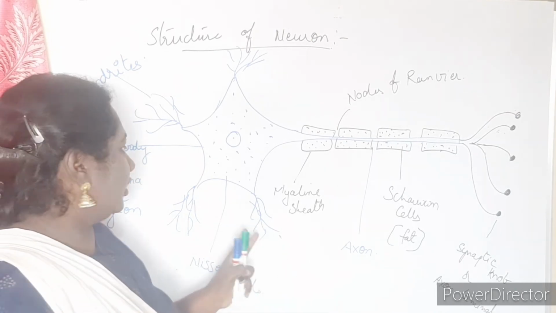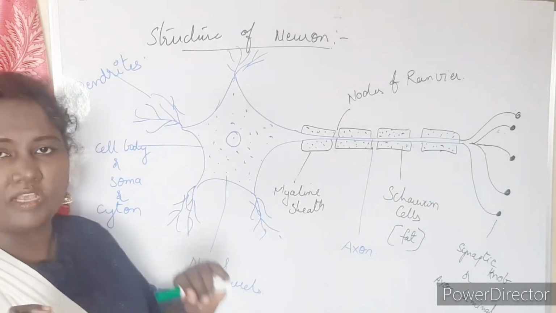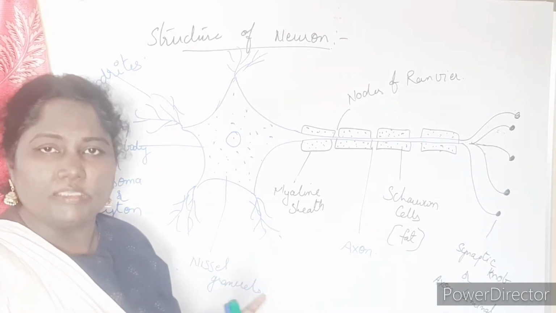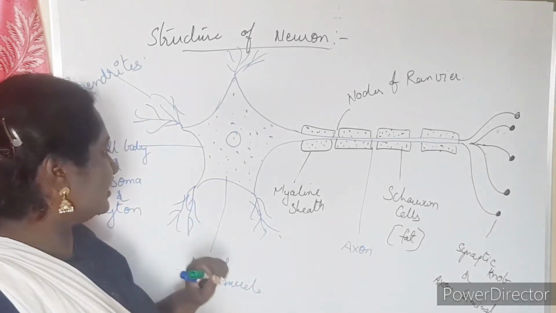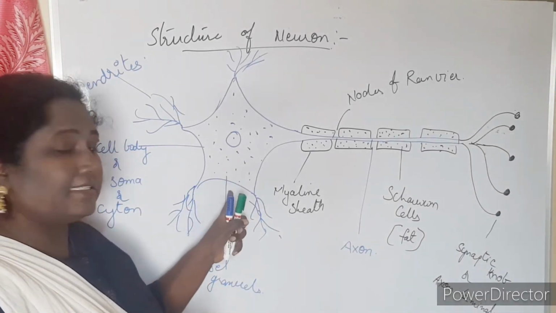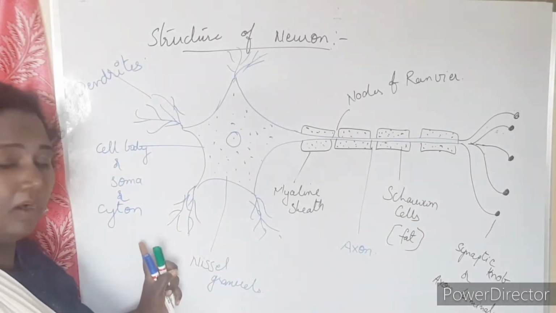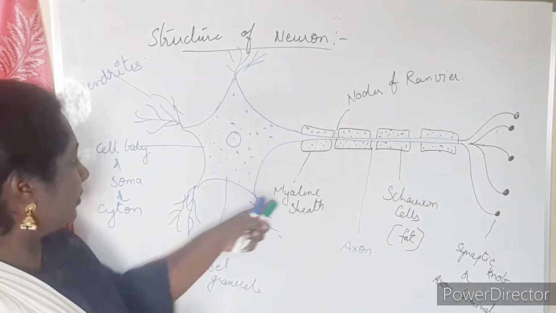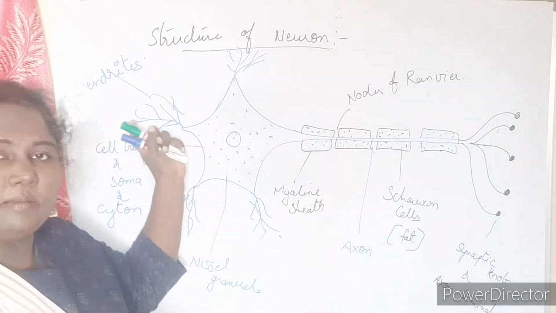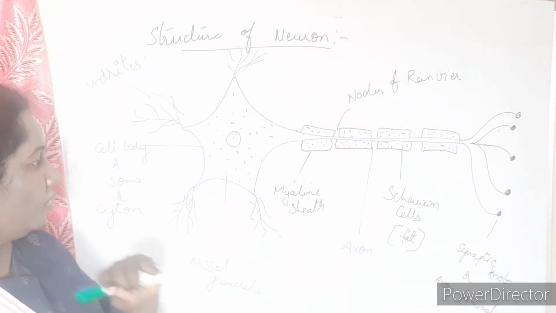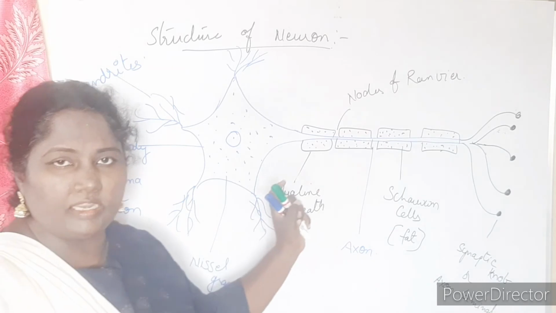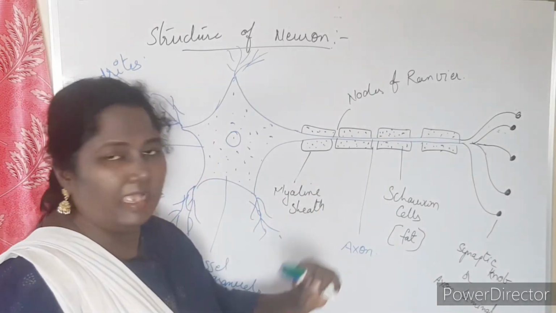So in this diagram, once we will see an overall view of a neuron. The neuron is a structural and functional unit of the nervous system. And if we see the structure, the neuron has a body, it is called the cell body or soma or cyton. And the soma is surrounded by some branches of dendrites, but one of the branches of the dendrite is very long and it is called axon.